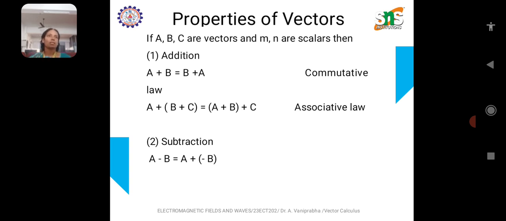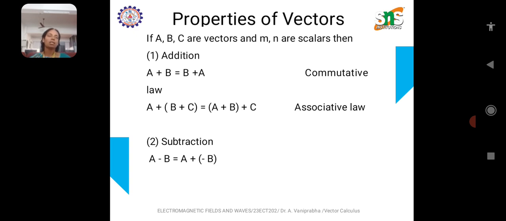Properties of vectors. The important properties of vectors shall be explained with three different vectors A, B and C, and the quantities m and n, where those two are scalars respectively. Addition property. A plus B equal to B plus A, that is nothing but commutative law, meaning the order in which the vectors are added is independent.